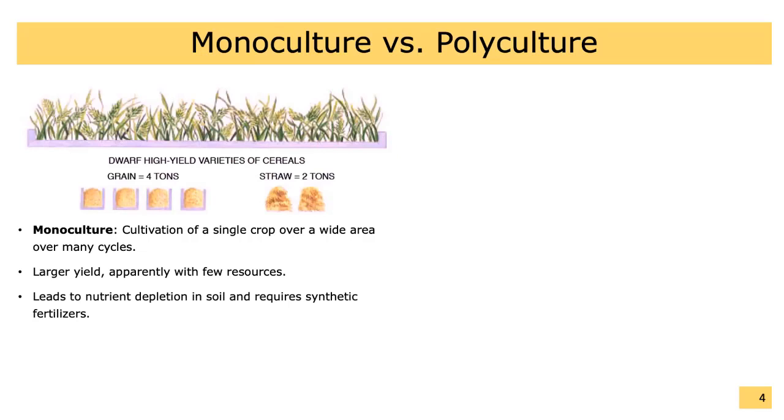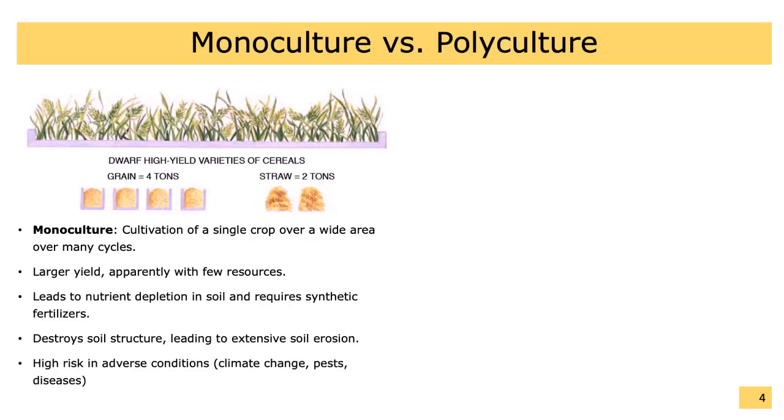Monoculture also leads to nutrient depletion in soil and requires synthetic fertilizers. Monoculture also destroys soil structure, leading to extensive soil erosion. In adverse conditions such as climate change, pests, and diseases, monoculture is of high risk.